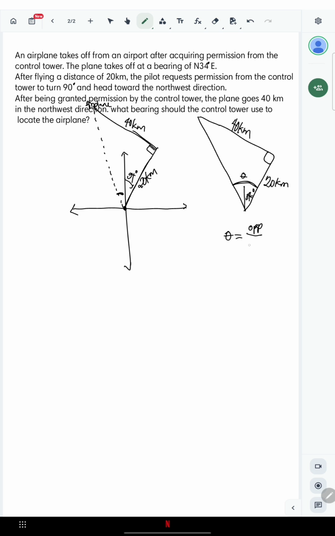And then si theta kay 20 ay ano? Adjacent. So, anong function po yung merong opposite saka adjacent?